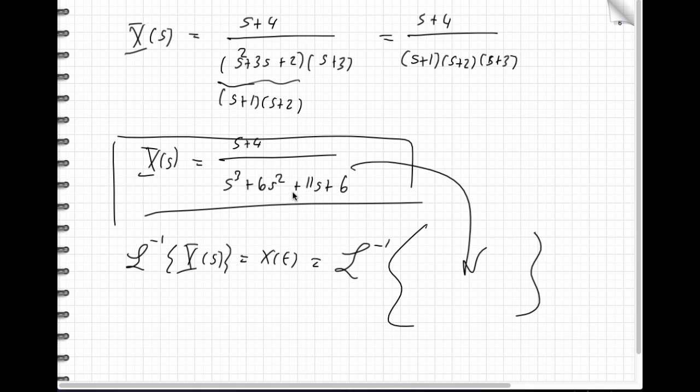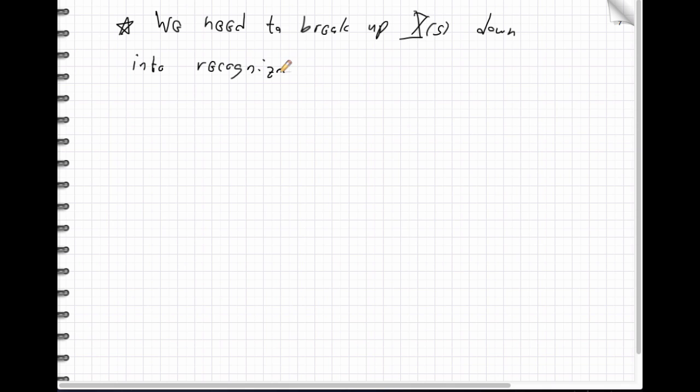All right? So here's the big trick, and I'm going to stop here for this intro part of the lecture, and we're going to continue in another part. What we need to do is break up x of s into recognizable blocks.